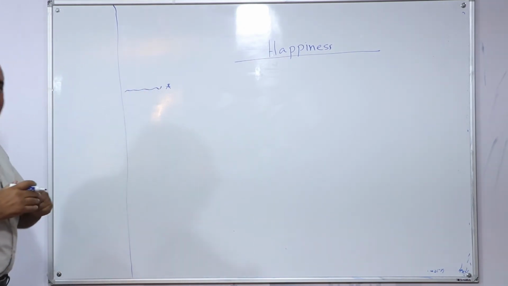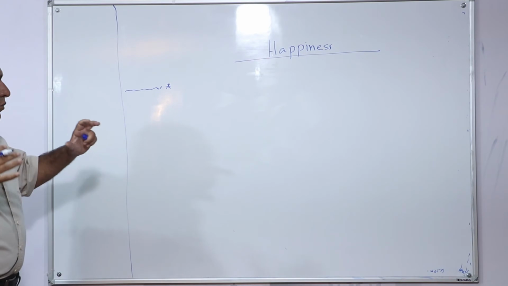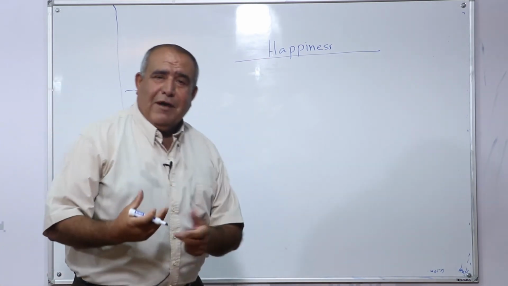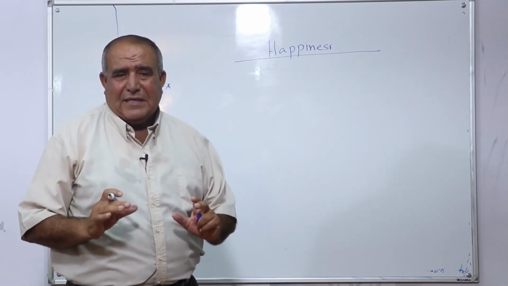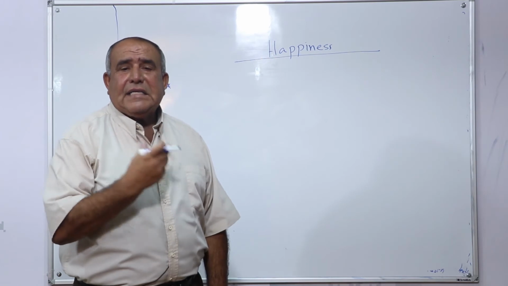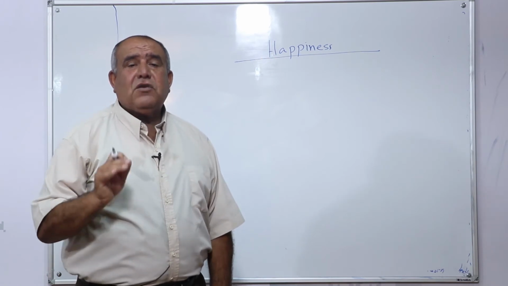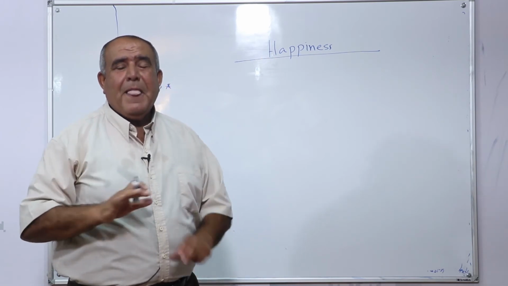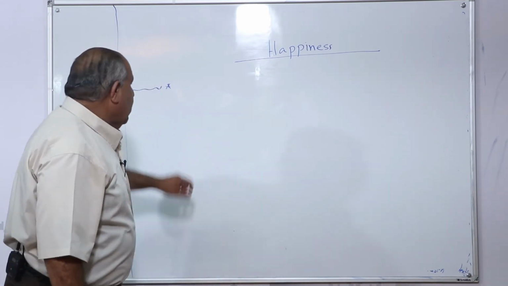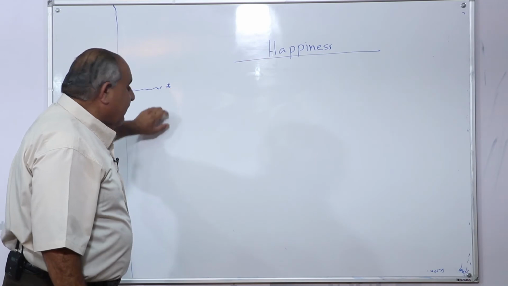Now, let's begin with happiness. It is now known to all of us that the subject we are talking about is happiness. Therefore, everything which is found inside the body paragraph is going to be about happiness, not about any other topic. Therefore, we begin with the first line.